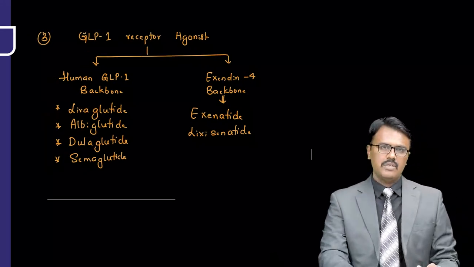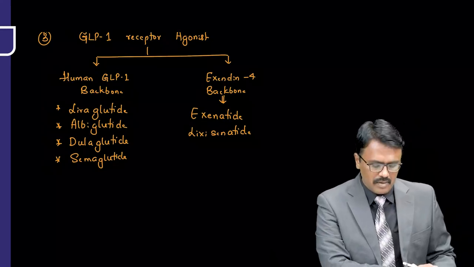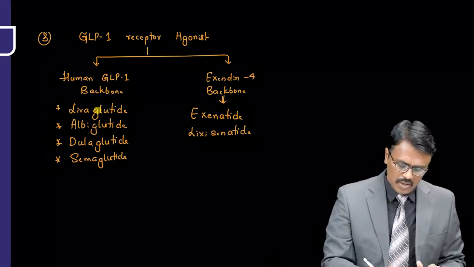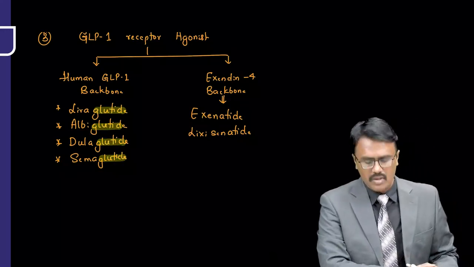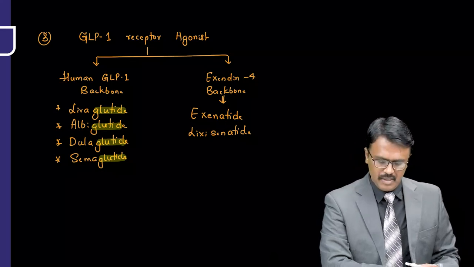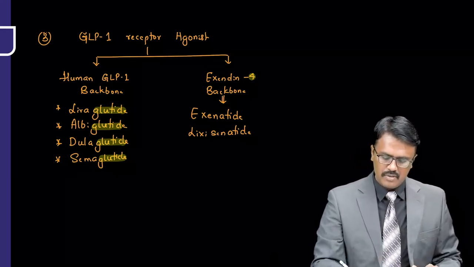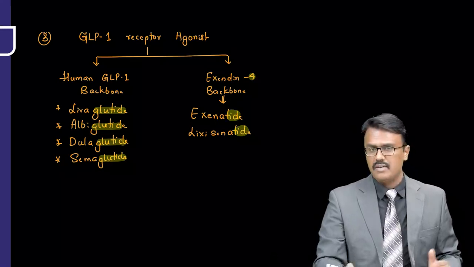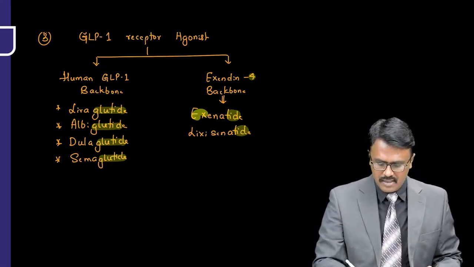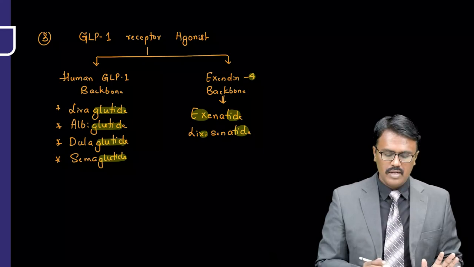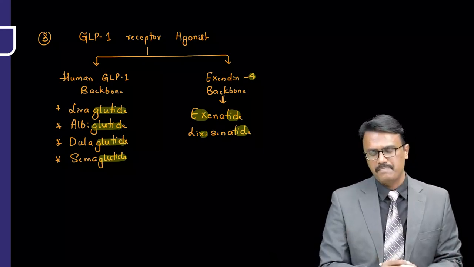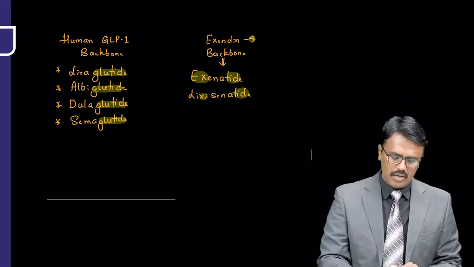The GLP-1 agonists which have the human GLP-1 backbone, all their names end with glutide: liraglutide, albiglutide, dulaglutide and semaglutide. The exendin 4 backbone ones end with tide, but they have the XA in the name: exenatide, lixisenatide, that's it. Since they are peptides, you cannot give them orally.